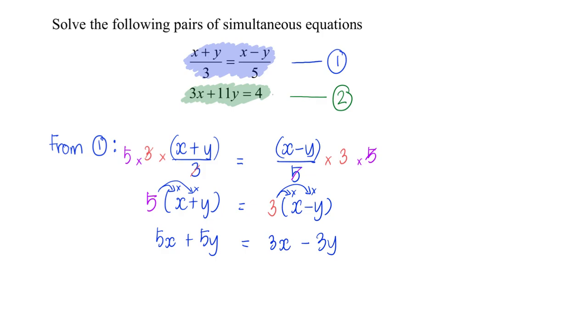So I'm going to have 5x minus 3x on both sides, and I will have negative 3y minus 5y on both sides.